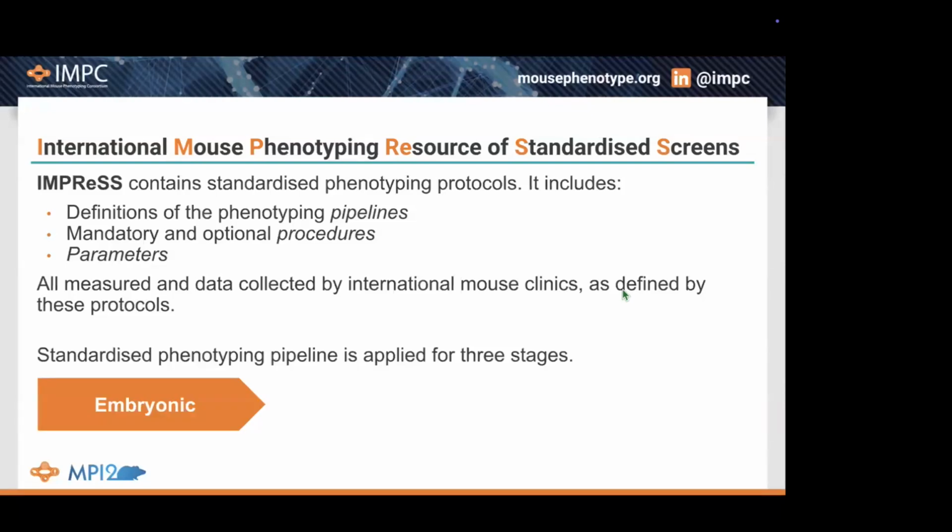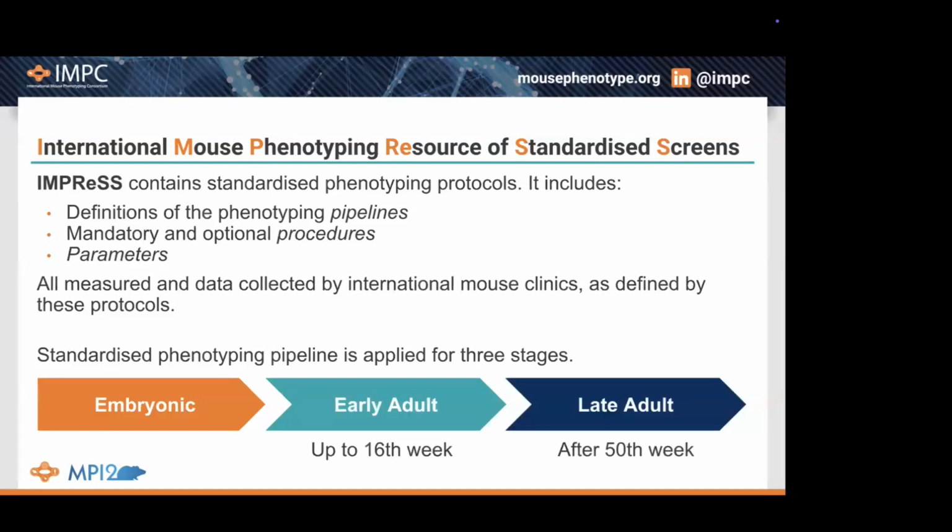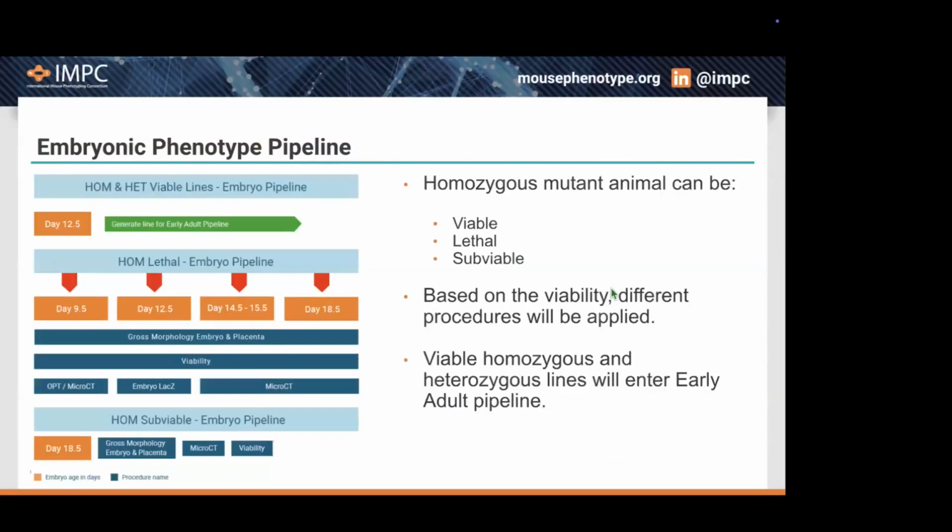The standardized phenotyping pipeline is applied in 3 stages: embryonic, early adult, which is up to the 16th week, and late adult, which is after the 50th week. So everything starts with the embryonic phenotyping pipeline.